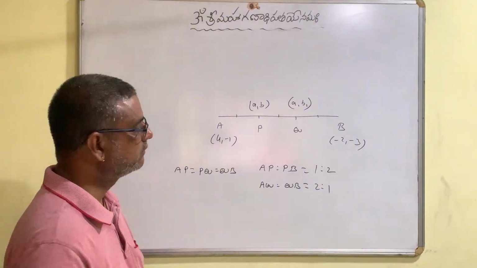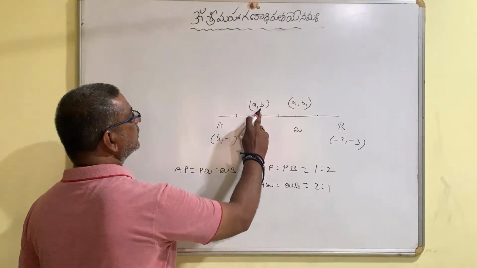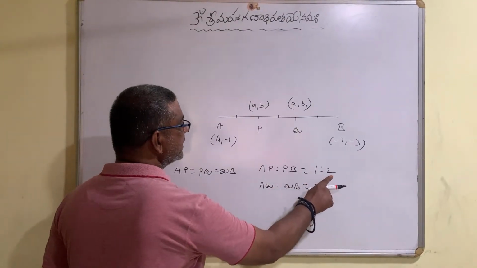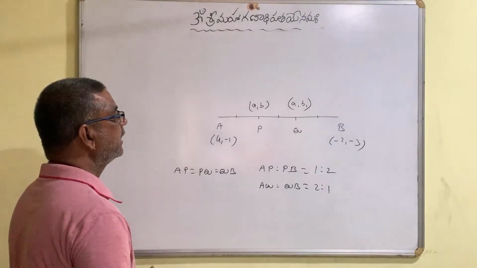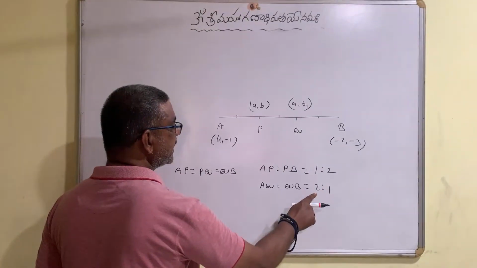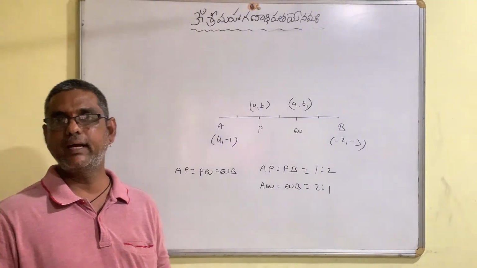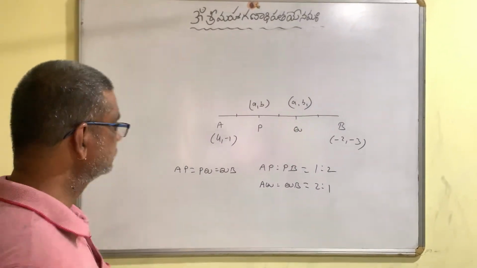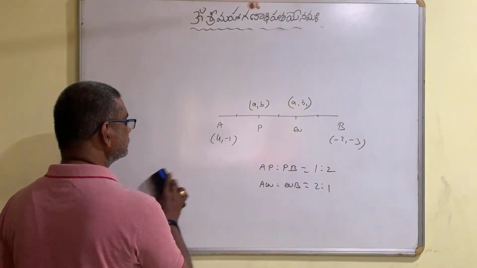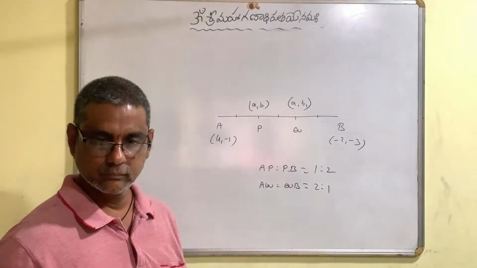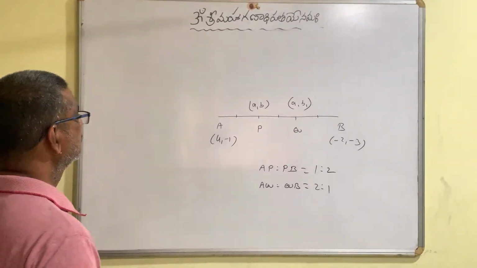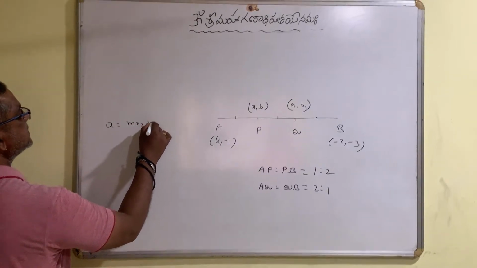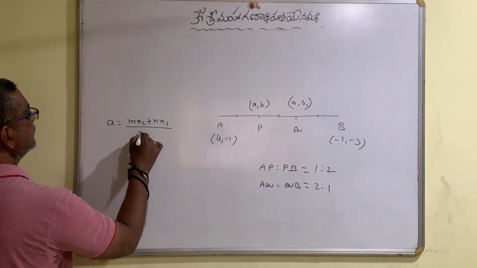So children, we can find out the coordinates of P by using the ratio 1 is to 2. And coordinates of Q, use the ratio 2 is to 1. Find out the coordinates of P. The x formula is mx2 plus nx1 by m plus n.